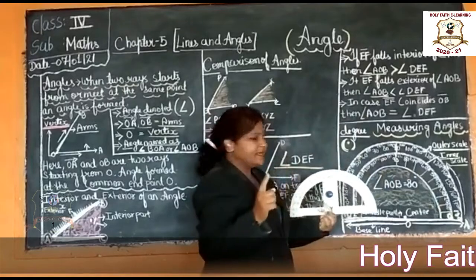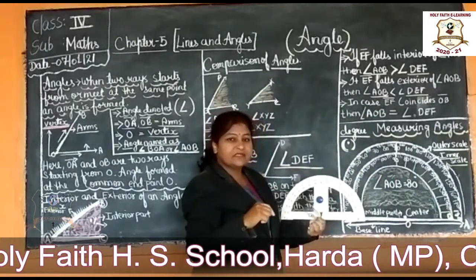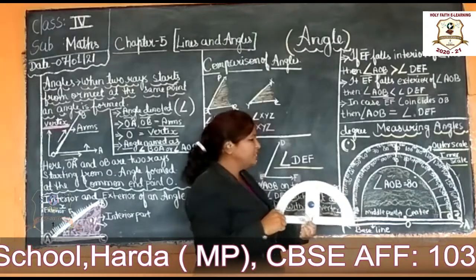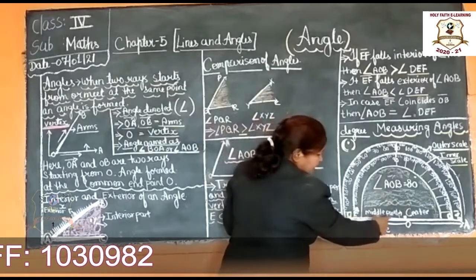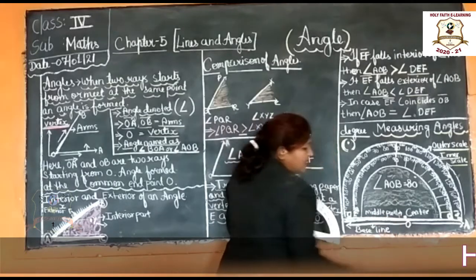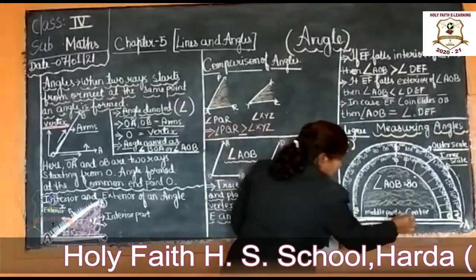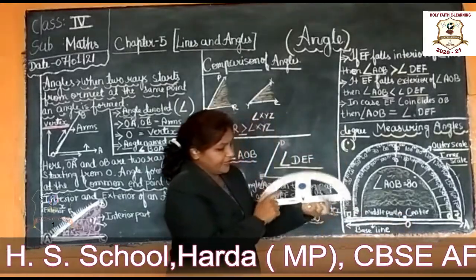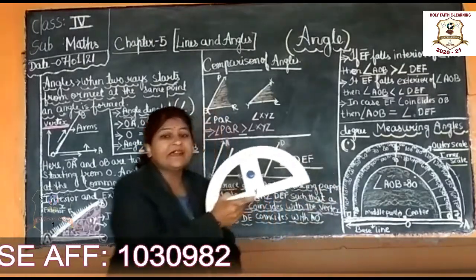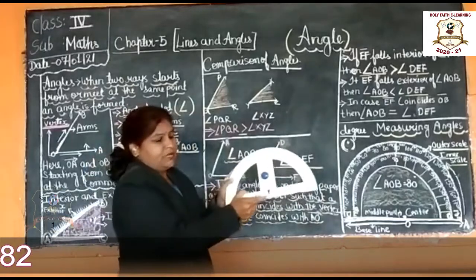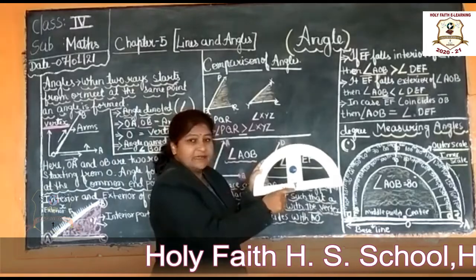Here is the inner scale of this protractor, also from 0 to 180. At the middle point of the protractor, this is called the center.